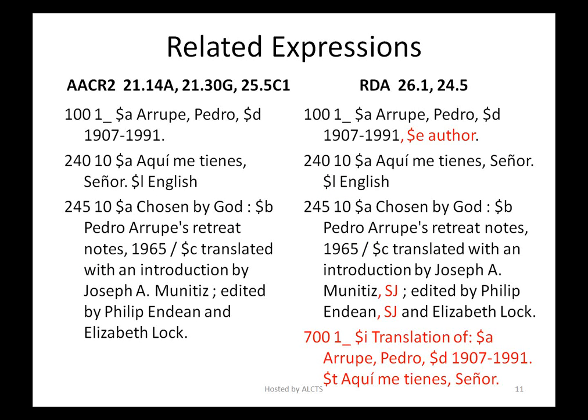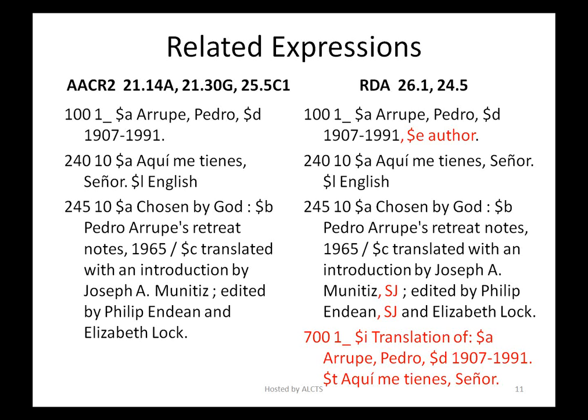Here's a similar case, but for a related expression, and this is something different that we wouldn't do in AACR2. Here's a translation of a work that was originally in Spanish into English. In AACR2, we would have a uniform title with the name, the original title in Spanish, followed by the language of the translation. That is actually the same in RDA, but in addition, you can give the related work in an access point.